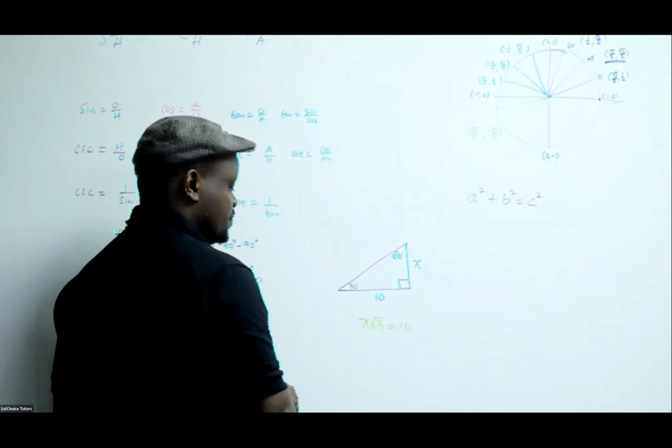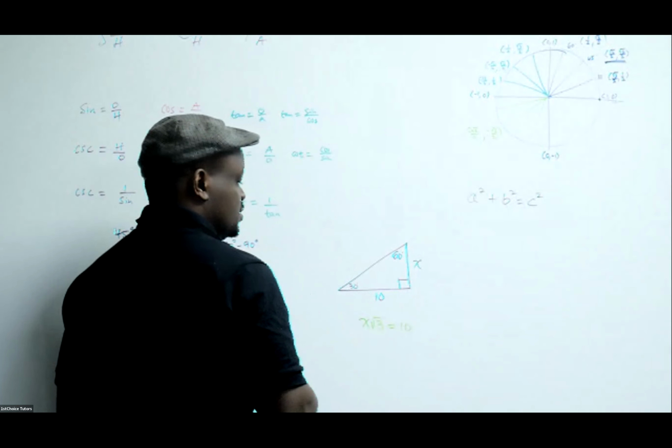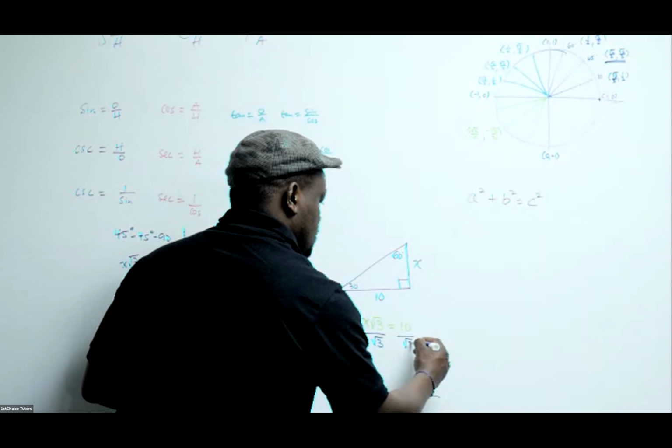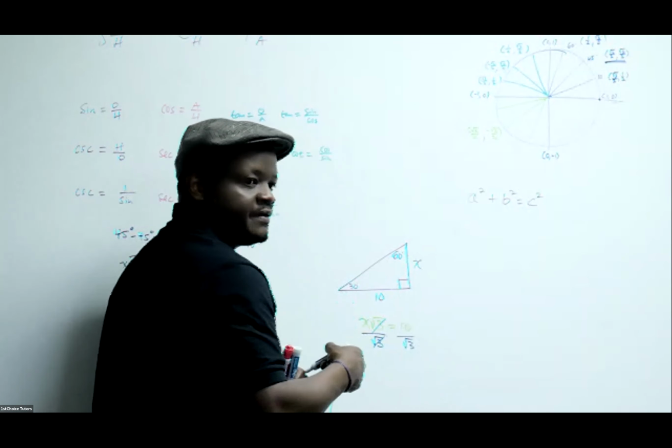How are you going to get rid of the root 3? Divide. Yeah, divide by square root 3. That's the only way these go away, right?